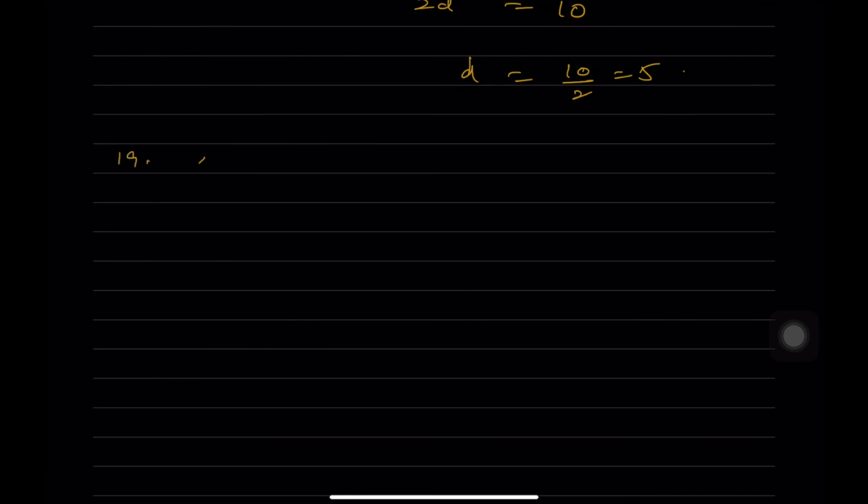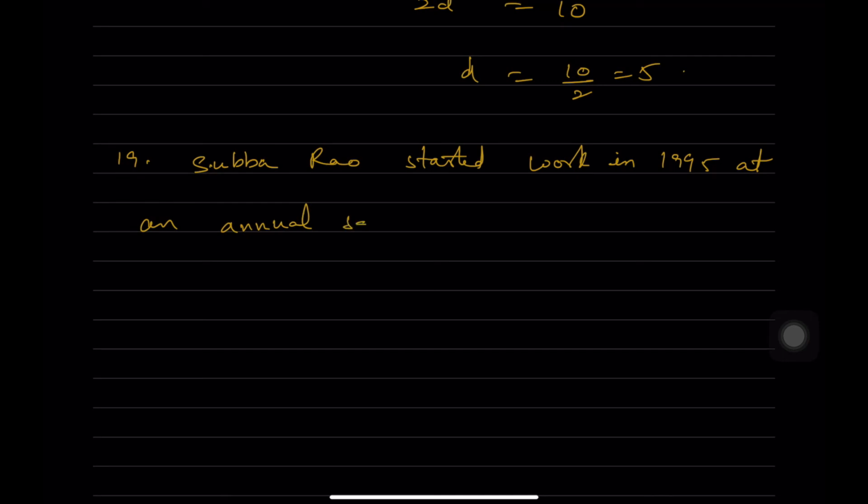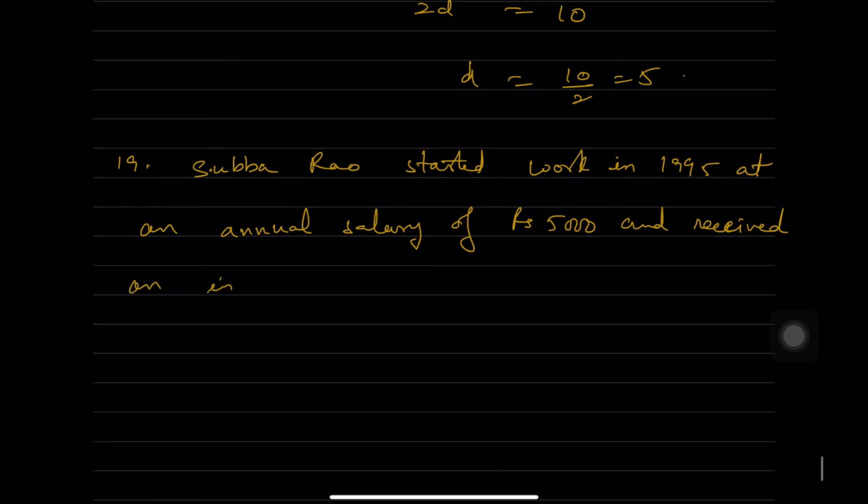Next, going into the 19th one, I'm sorry, Subba Rao started work in 1995 at an annual salary of rupees 5,000 and received an increment of rupees 200 each year.